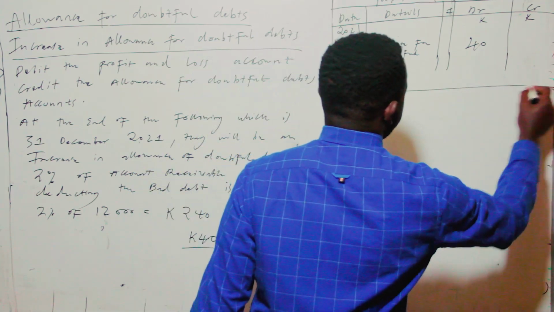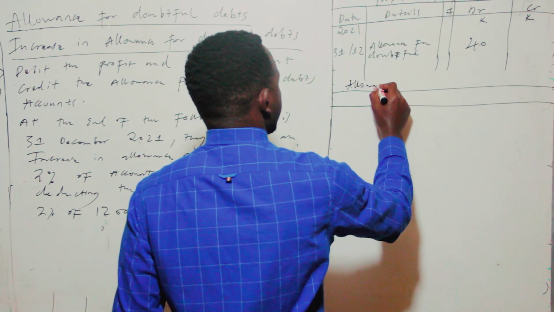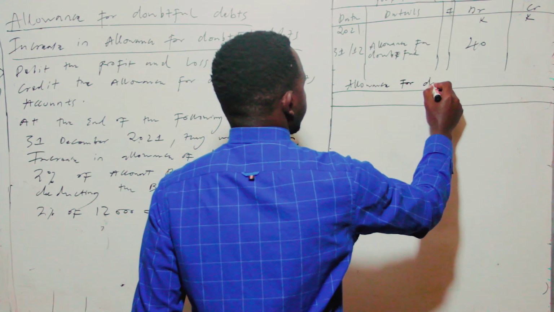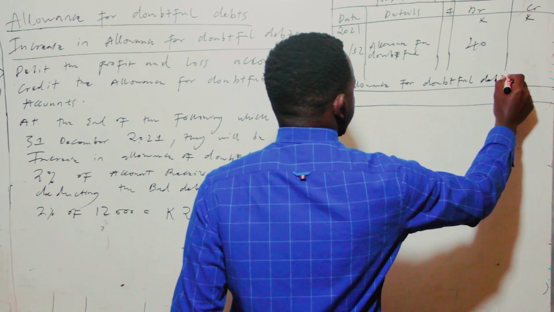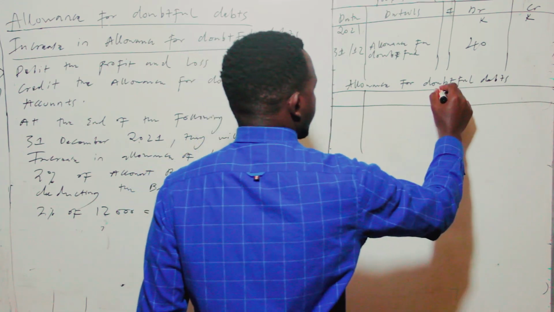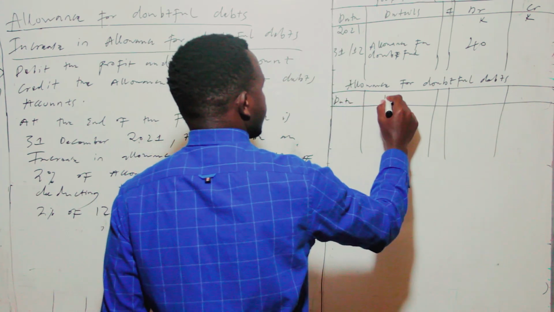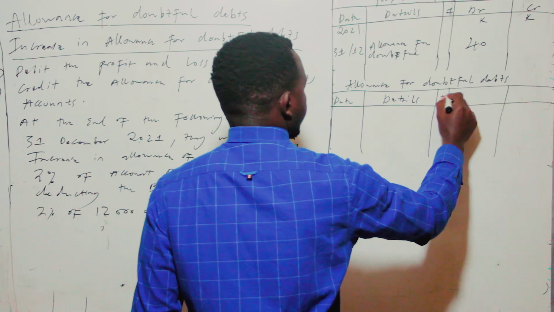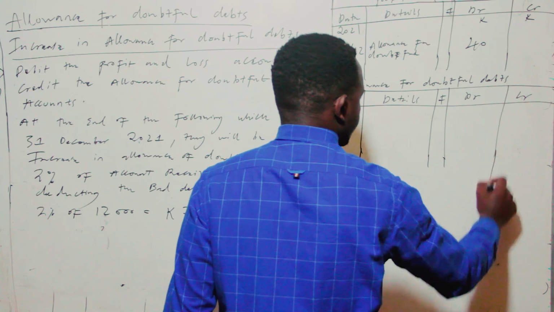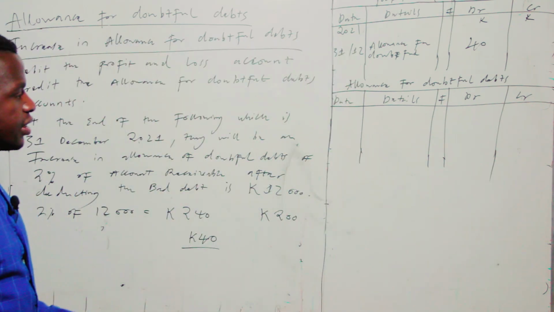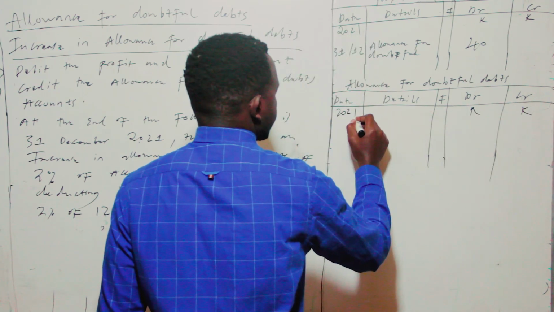Let us look at the allowance for doubtful debts account. So what are we going to show in this account? So we have date, details, folio, debit, and credit.